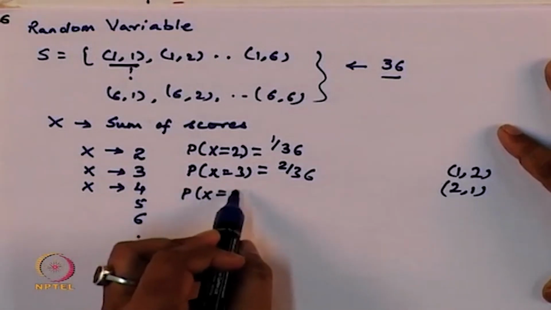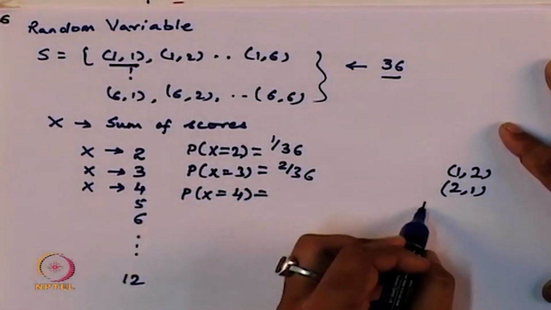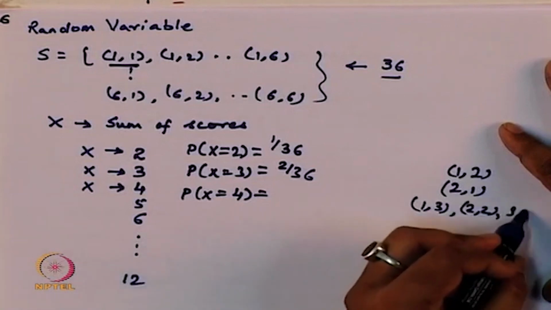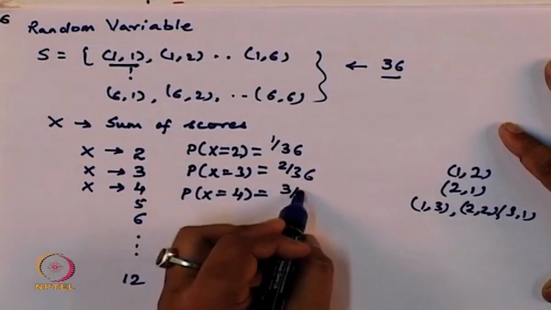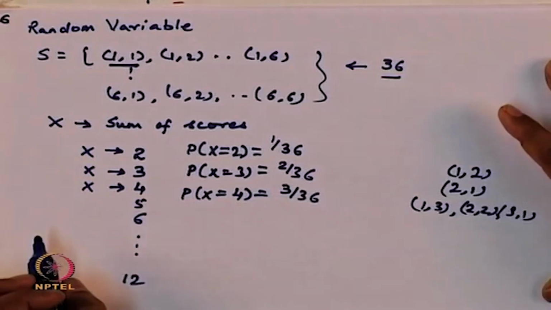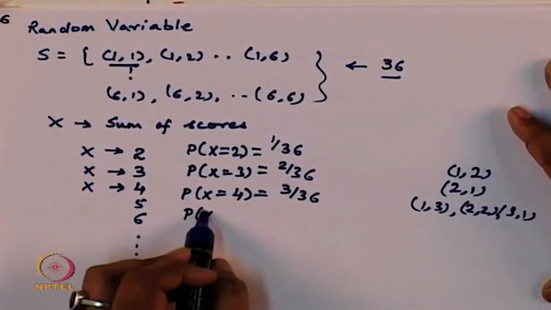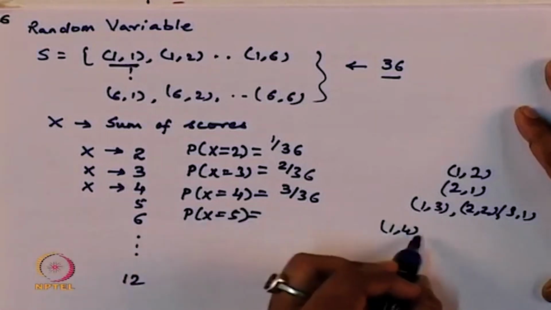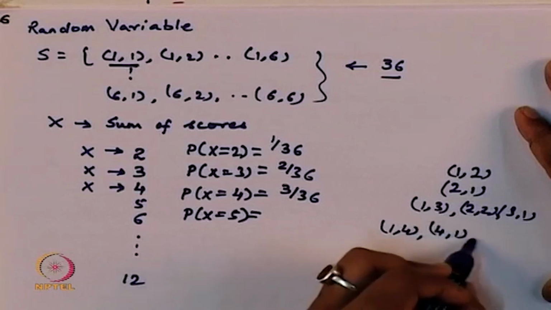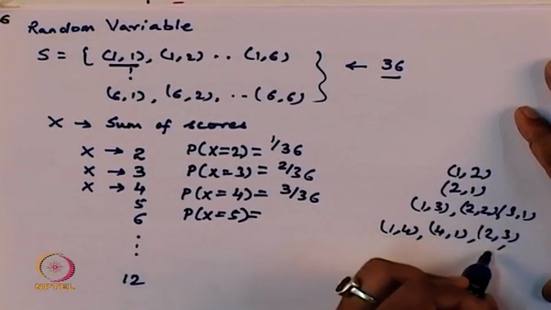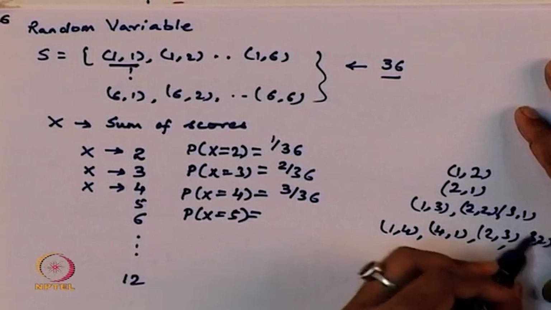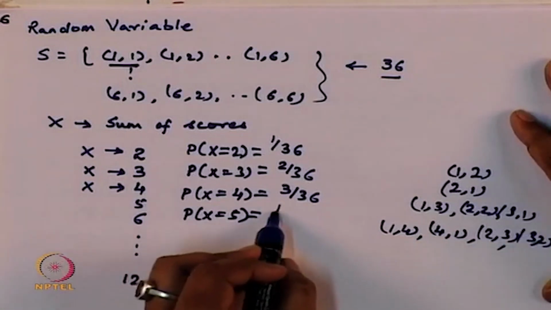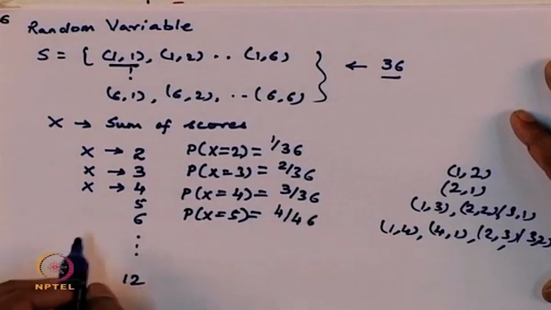The probability of x equal to 4: I have 1 3, 2 2, 3 1, so 3 by 36. The probability of x equal to 5: I have 1 4, 4 1, 2 3, 3 2, so this is 4 by 36.